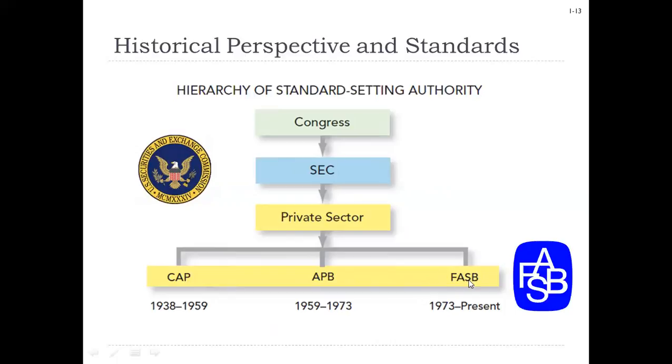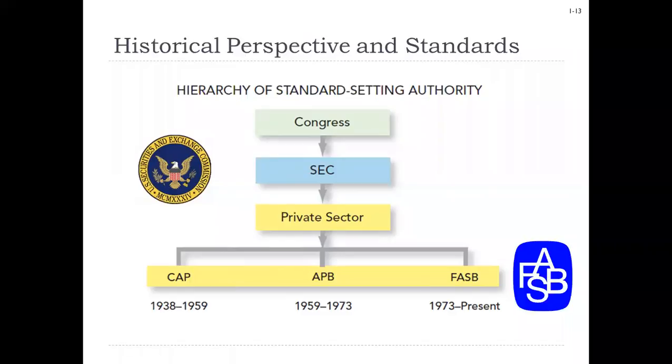Now, the Financial Accounting Standards Board is the current standard setting body. It's a private sector organization made up of accountants, basically. So they make the rules, which then go up to the SEC, Securities and Exchange Commission, which regulates publicly traded companies, and ultimately to Congress.